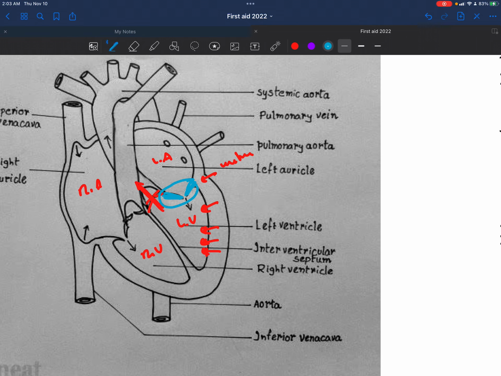So at the same time, there's blood backflowing into the left atrium, and that is abnormal. That is something that we don't want to see, but unfortunately we see it because this valve does not close. So when the left ventricle is contracting, the blood just doesn't know where to go. It goes into the aorta, and that is normal, but it also goes back into the left atrium, and that is abnormal. That is wrong.